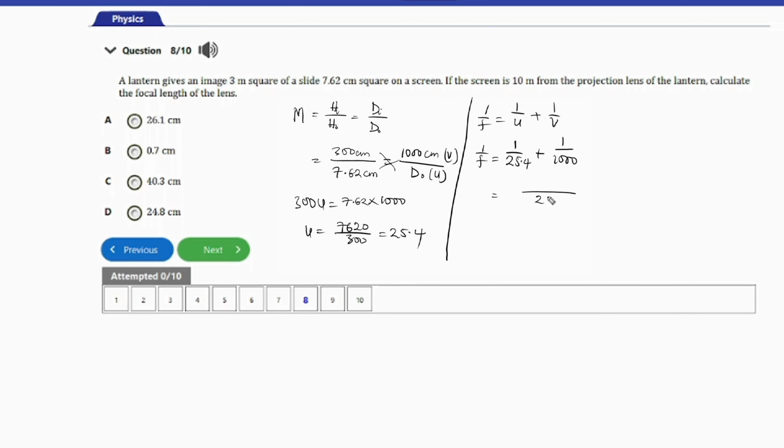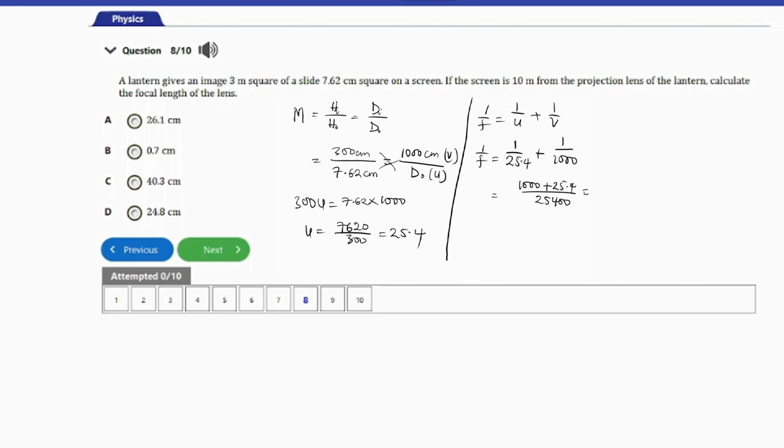The LCM here will be 25,400. So if we divide this by 25.4, we are going to have 1000, then plus, if we also divide it by 1000, we are going to have 25.4.